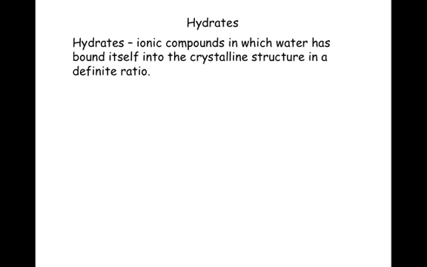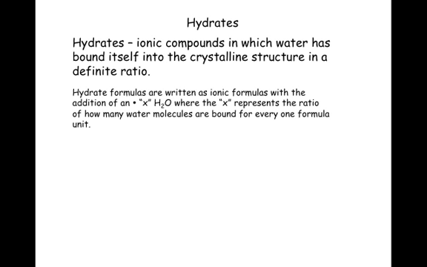And effectively we have inside an ionic compound, which forms these large crystal lattices, water molecules bound within that, and we know what the ratio of those water molecules are. Formulas are written simply as the formula of the compound with the addition of a little circle, a times sign, sometimes you might say in math class, and a number, which we'll put an X there for now, a number of waters.